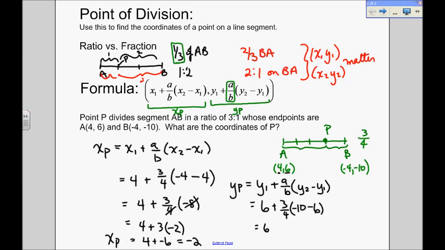So I end up with 6 plus 3 over 4. Negative 10 minus 6 is negative 16. Again, I can reduce the 16 and the 4. This leaves me with 6 plus 3 times negative 4. Then I get 6 plus negative 12 is negative 6. This is my y-coordinate. So my new point P that lies 3/4 of the way is negative 2 and negative 6.